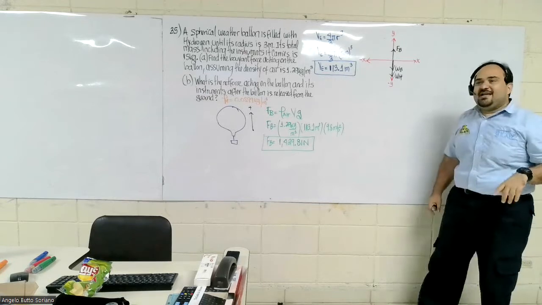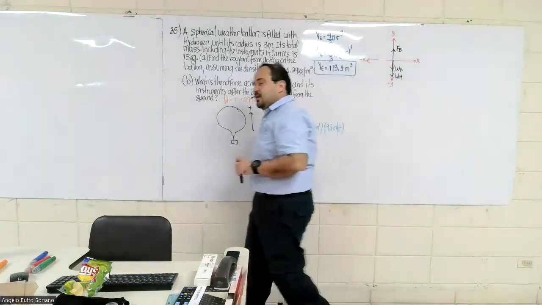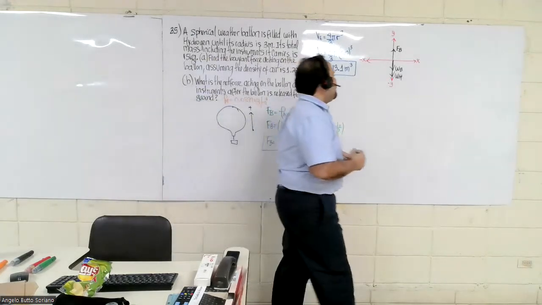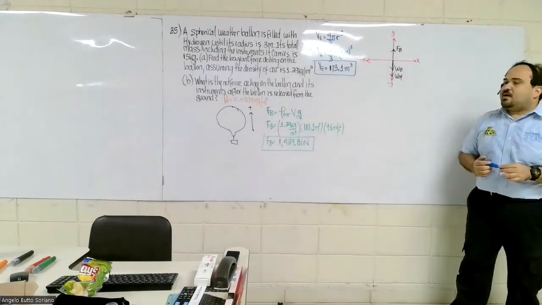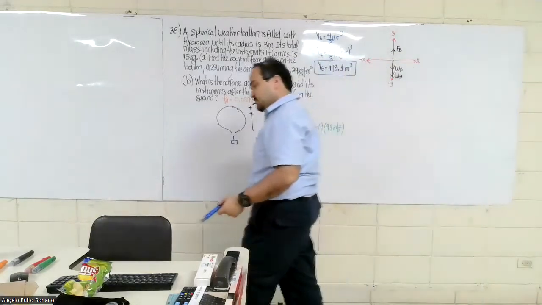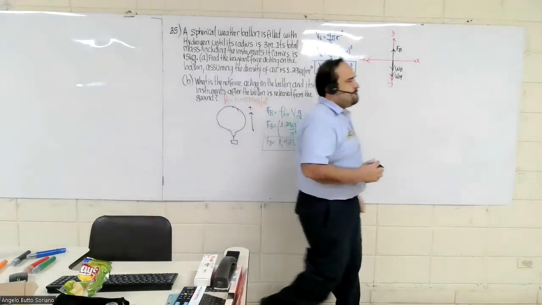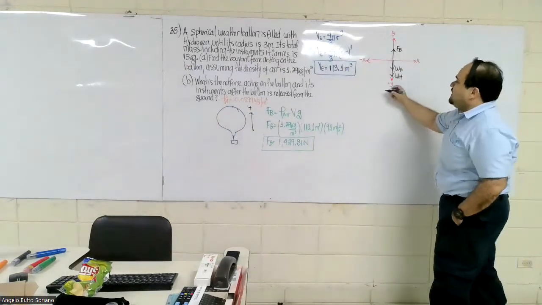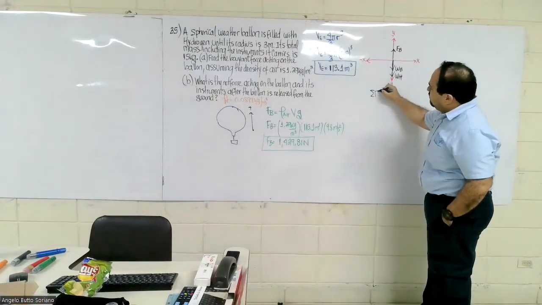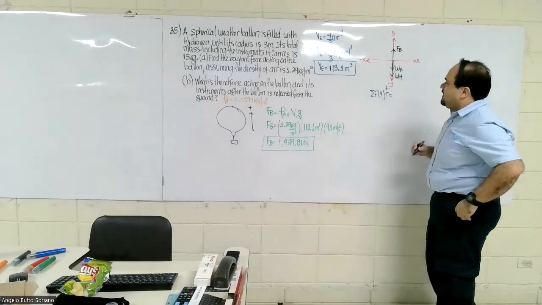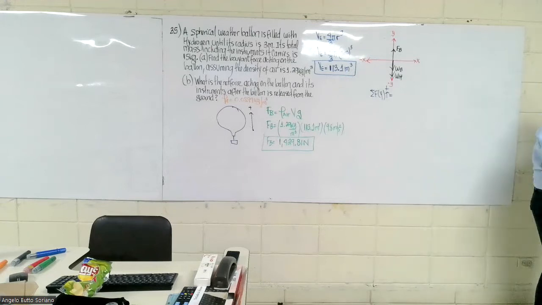So it's time to create the addition of forces. Remember, I'm going to use the purple one. The addition of y forces, positive, will be equal to... okay, I have a question for you guys.